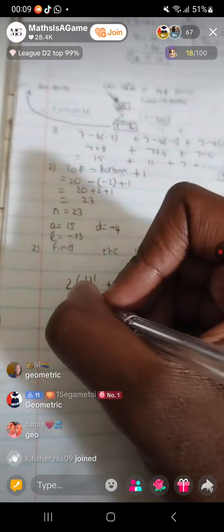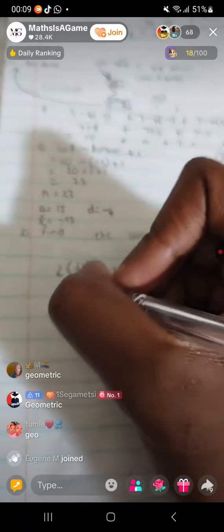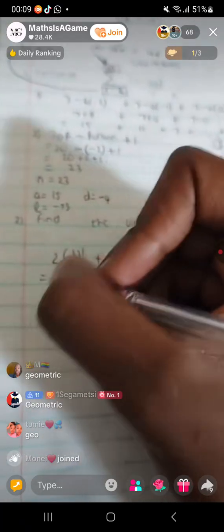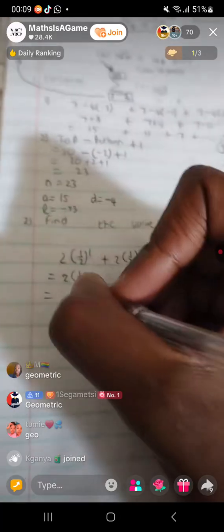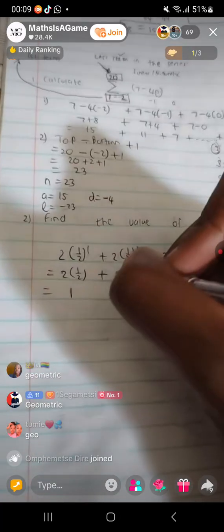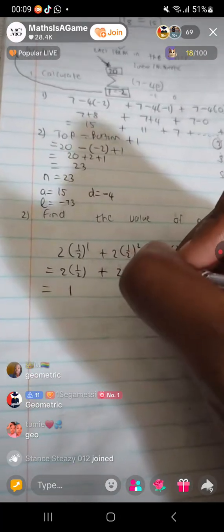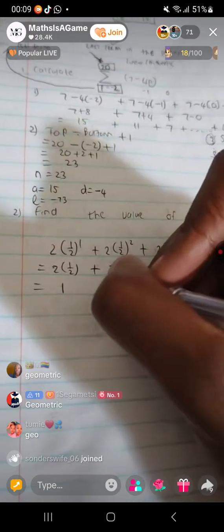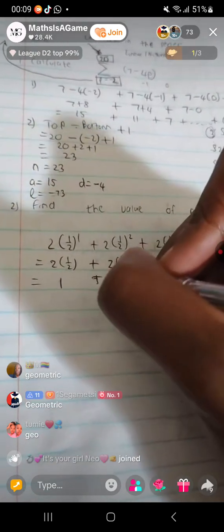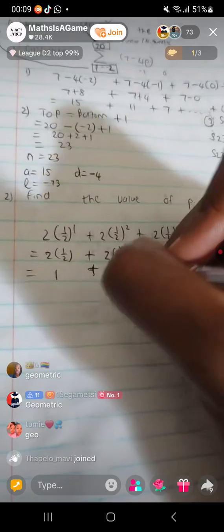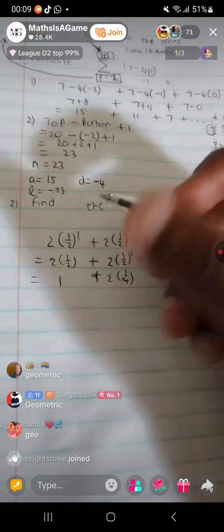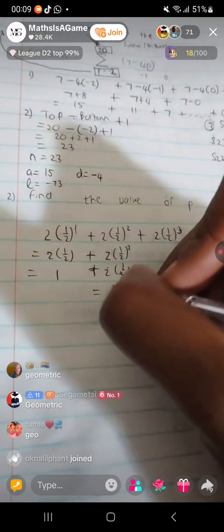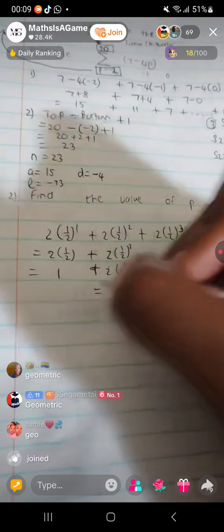So that means a is going to be 2 times half, which is 1, plus 2 into half squared, which is 2 times a quarter, which is actually equal to a half.